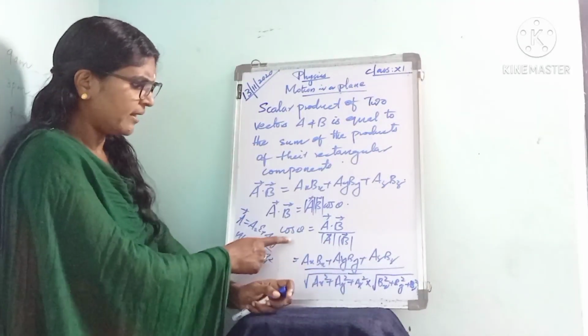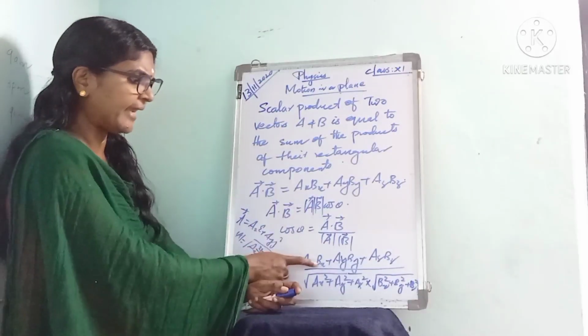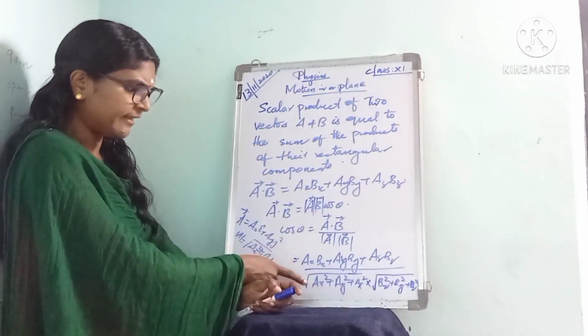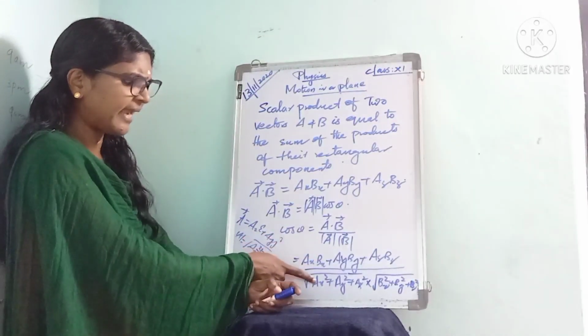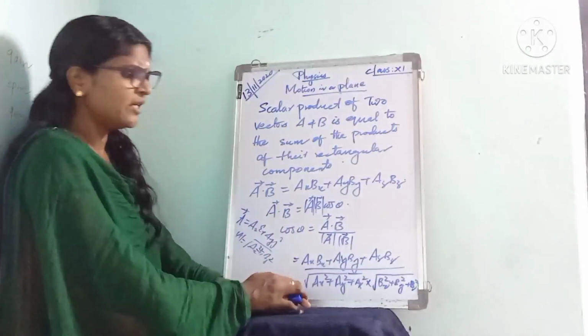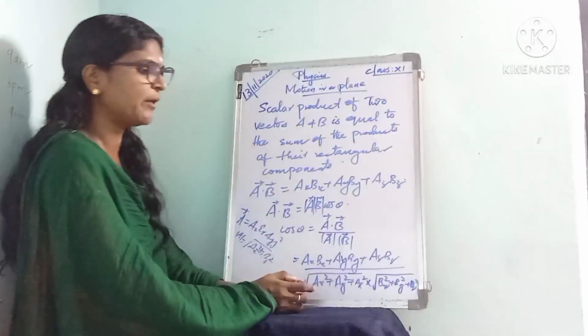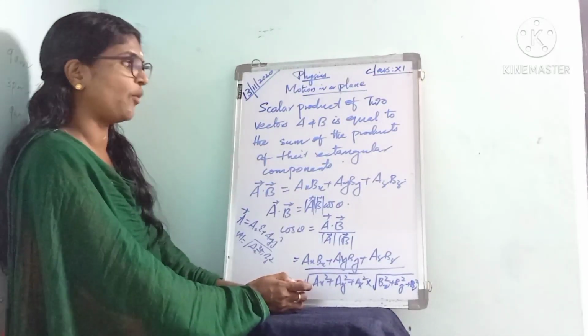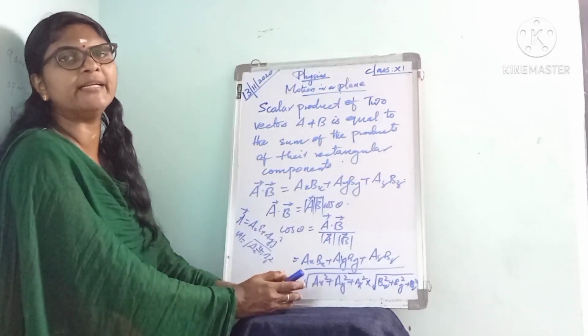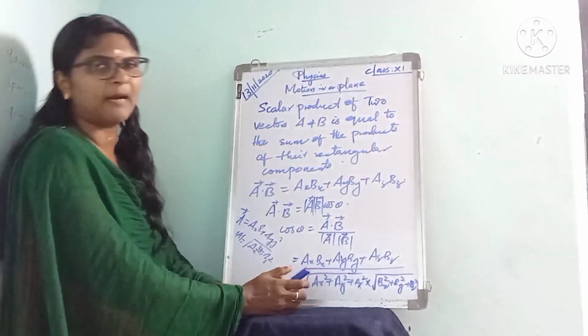So, cos theta is A dot B, which is AX BX plus AY BY plus AZ BZ, divided by modulus of A, which is square root of AX square plus AY square plus AZ square, into modulus of B, which is square root of BX square plus BY square plus BZ square. Actually, this is the scalar product of two vectors A and B in terms of its rectangular components.